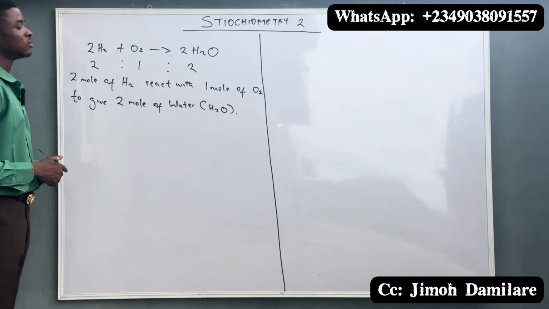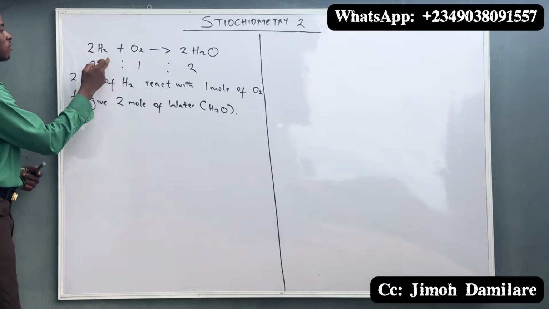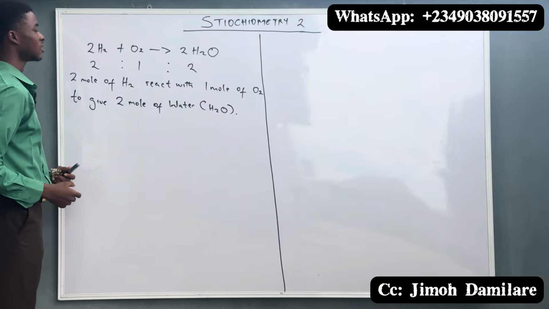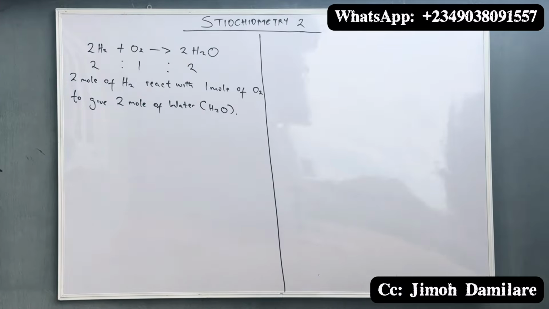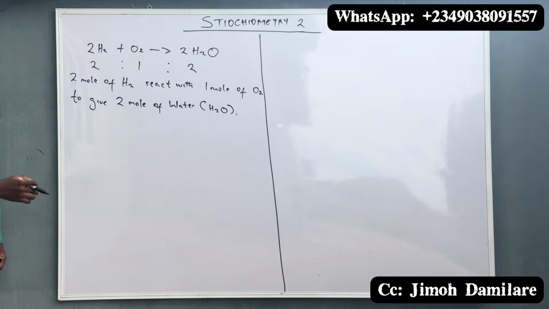So this is just the work of the mole ratio. It lets us know the amount of the reactant and the amount of the product formed. So we can say 2 mole of H2 react with 1 mole of oxygen to give what? 2 mole of water. So this is important whenever we want to do calculation under mole ratio in a chemical equation.